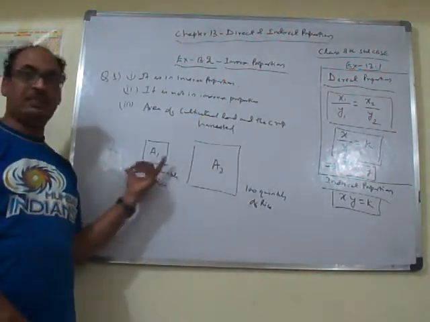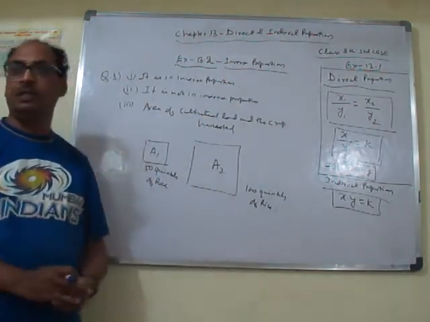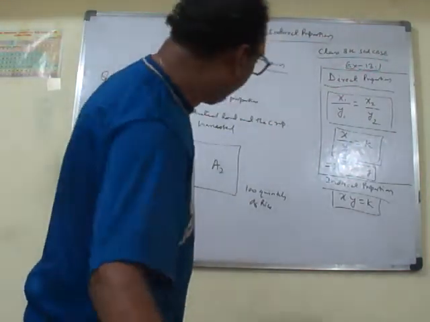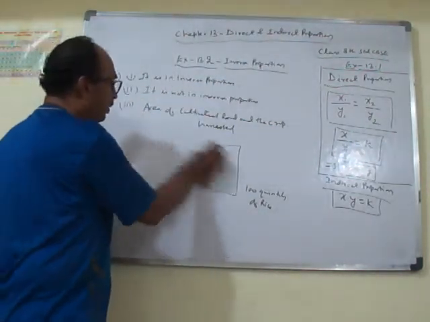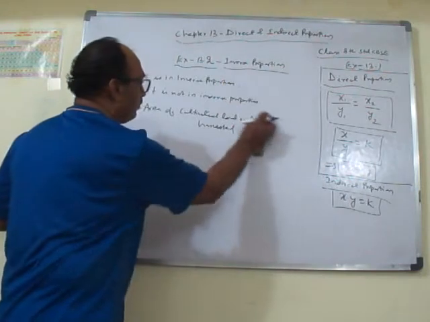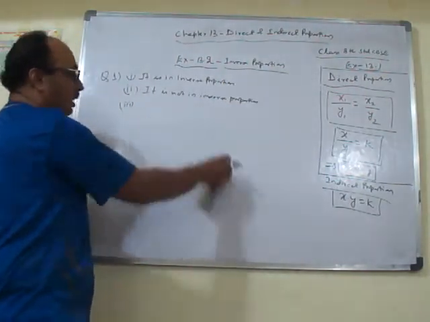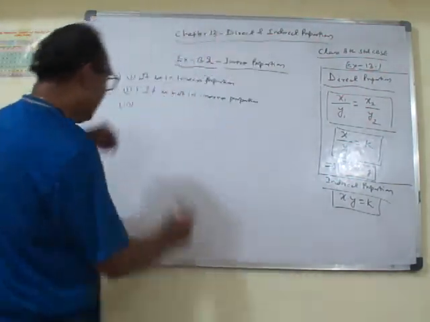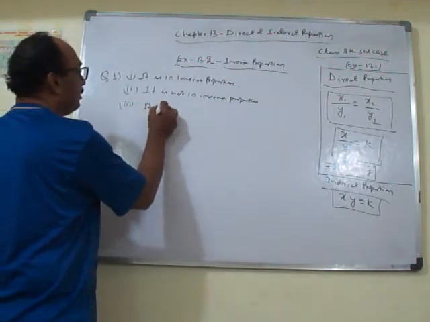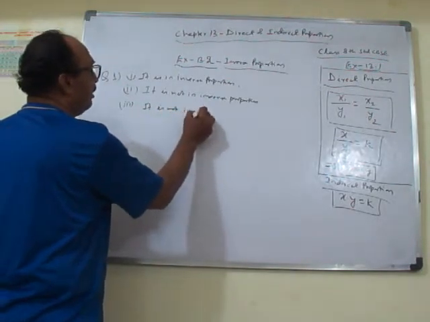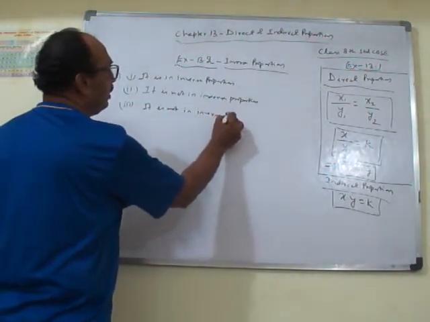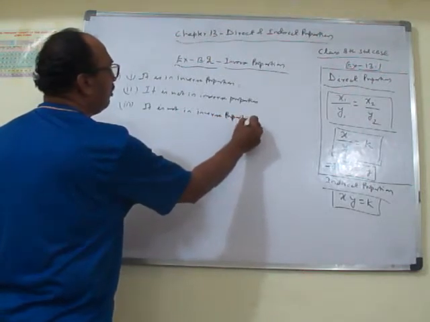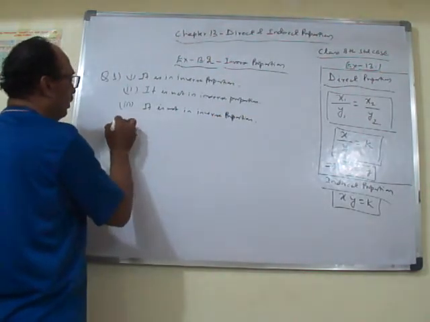It means this is not in inverse proportion. So the third one also is not in inverse proportion.